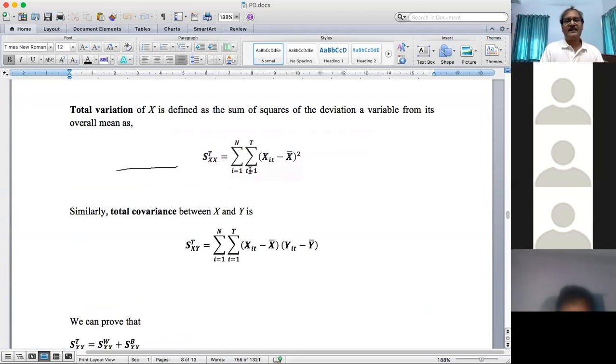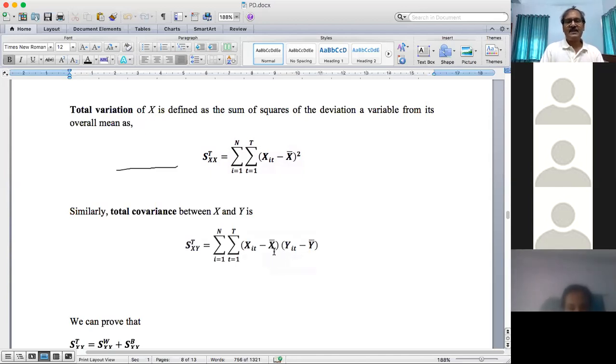We have to take the sum in both dimensions, one across the cross-section units and another over time, to get the variance of x. Here we are considering overall variation, that is, how the actual data point deviates from the overall mean value.